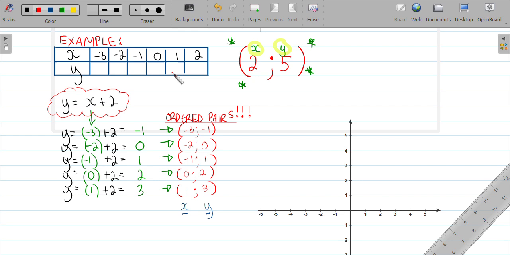Well, they will say complete the table, and then they will say plot the ordered pairs, or plot the coordinates, another word for ordered pairs, on this graph. Usually they will give you the equation that belongs to this table, and I am going to show you exactly how to fill in this table correctly.